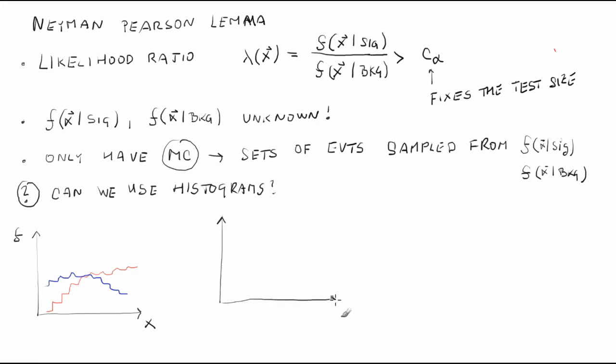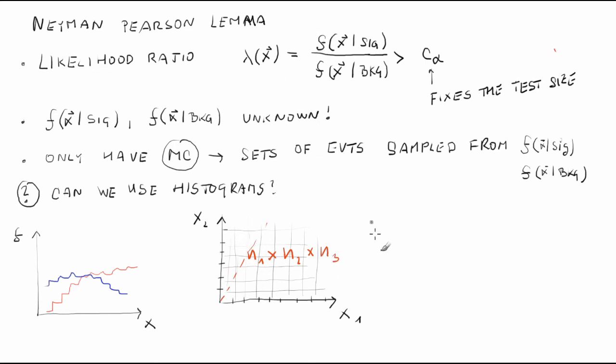Imagine you have two discriminating variables. Then the number of bins of the 2D histogram is a product of the numbers of bins of the individual variables, n1 times n2. Add one more variable and you will get n1 times n2 times n3 number of bins.